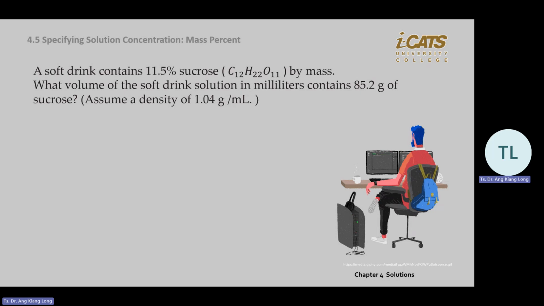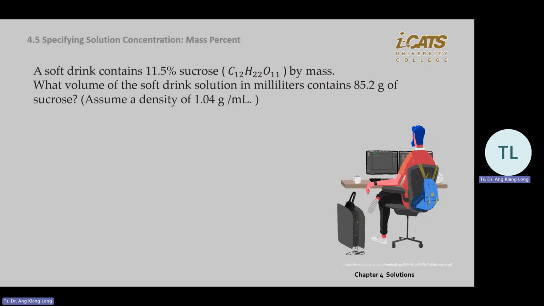Then it asks you the volume of soft drink solution in milliliters that contains 85.2 gram of sucrose. Okay. So you don't know the volume here. I just put X for volume here.